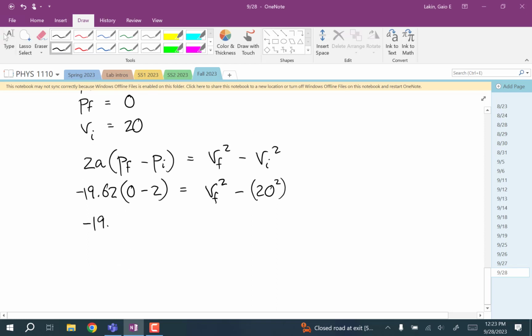And so we have negative 19.62 times negative 2 is equal to VF squared minus 400.